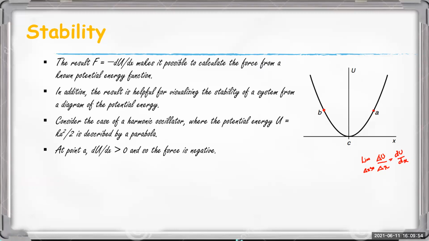Okay, how can you find delta u by delta x? To obtain that, we have to find the slope here.